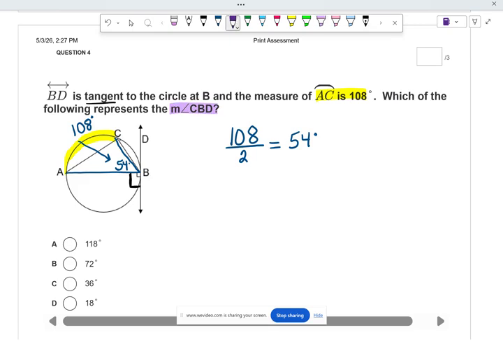Let's outline from the C to the B to the D. We don't have that measurement yet, but I do see a straight line segment. Look right there. That's a straight line. We know that the 3 angles on that straight line add up to equal 180. So we're going to do 180 minus the 90 that was already there, minus the 54 inscribed angle, and that is going to leave us with 36.